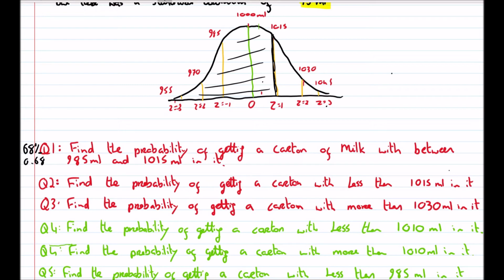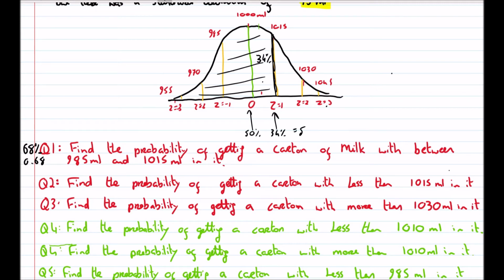We could look at our tables. We have a z-score of 1 because it's exactly one standard deviation. We could look for the z-score of 1 and find out what the probability is. Or we could say, well, from here is 50%, because it's half the curve. And we know then this is an extra 34%, because 68% of the data lies within one standard deviation of the mean, and there's half of it, so 34%.